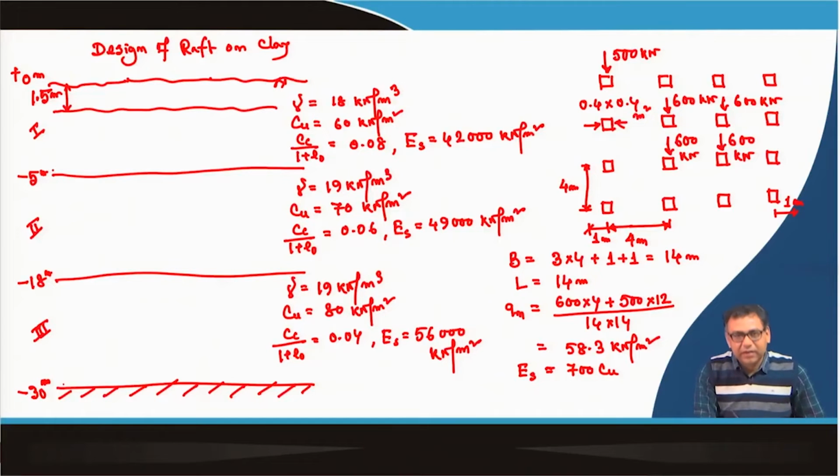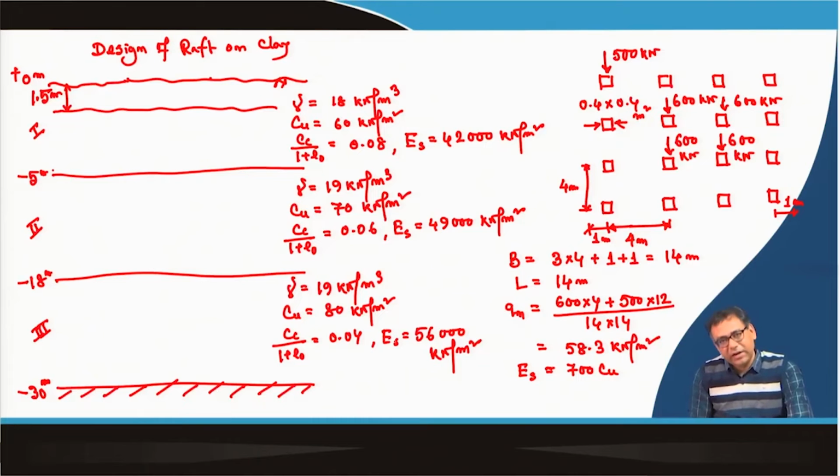So, that means we obtain these data from the laboratory test. And for this Es, we have used these correlations and then got this Es with respect to the cohesion value.